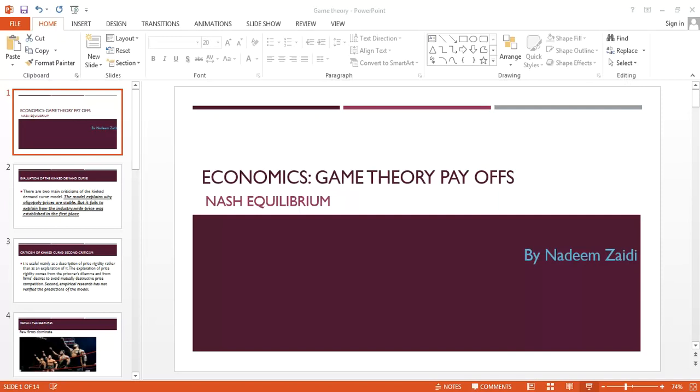So you get the answer, the game is solved, whenever you get two underlines in the same box. So the two underlines in the same box: 0.9 for firm B, 0.9 for firm A. Now that is the rational decision. Why is it the rational decision? Because firm A is not coming to firm B and telling them, hey, we are going to price it at 0.9.